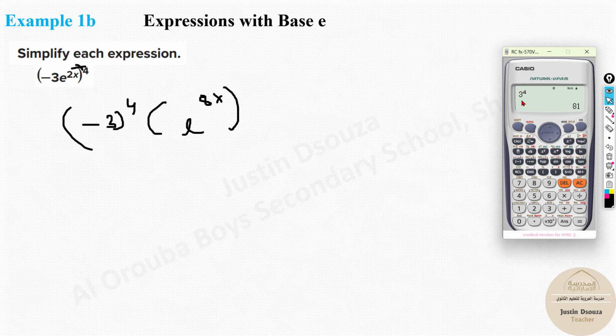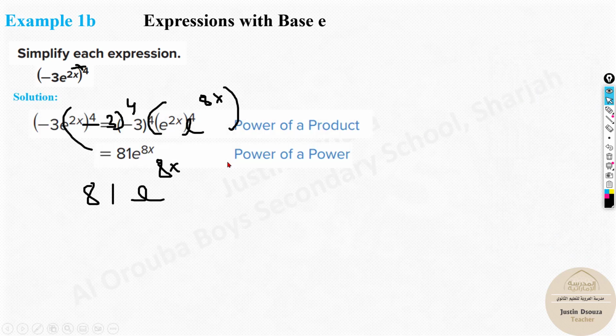If it's an even power, it will be positive itself. But if it's an odd power, remember to use brackets. It's good to use brackets all the time. Now it will be positive because this is an even power. It's 81. But what if it was power 3? Then the negative sign would sustain. So this is very important. Now in this case, it's 81. That's it. e to the power 8x would be the answer.